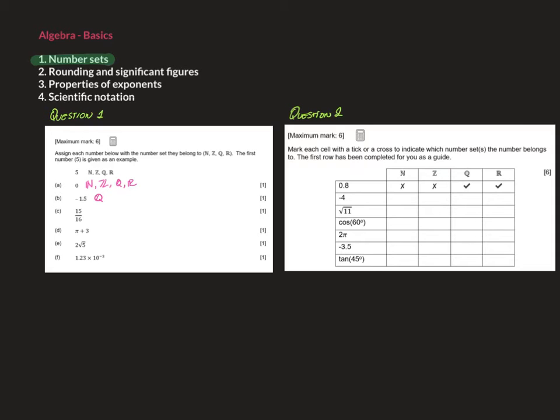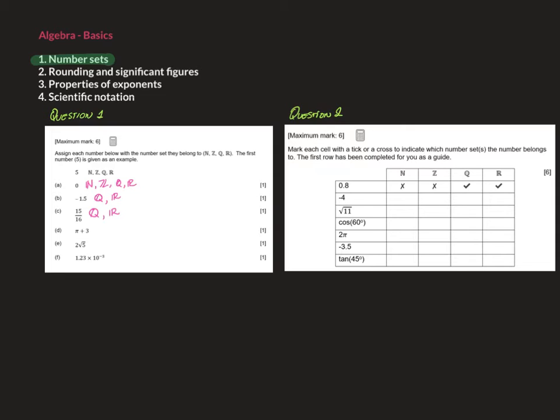And since it belongs to the rational set, it will also belong to the real set. Now the next number, 15/16, that is not natural and not an integer. That fraction is not possible to be reduced any further, so it's definitely a rational number, and hence it's also a real number.